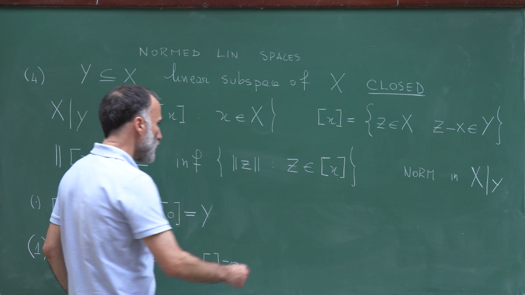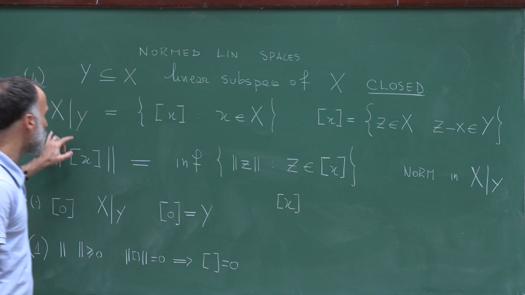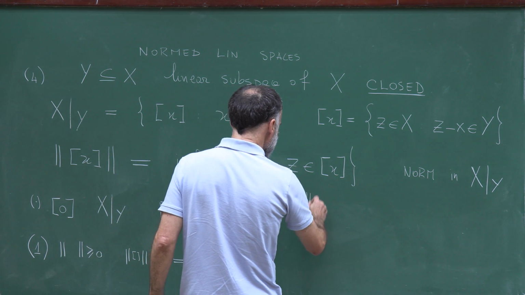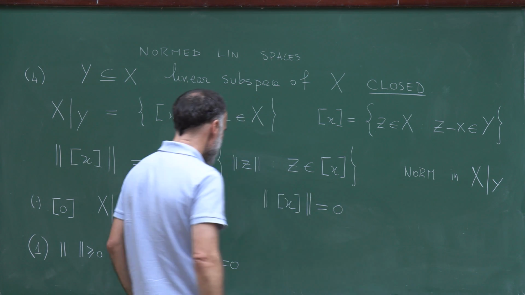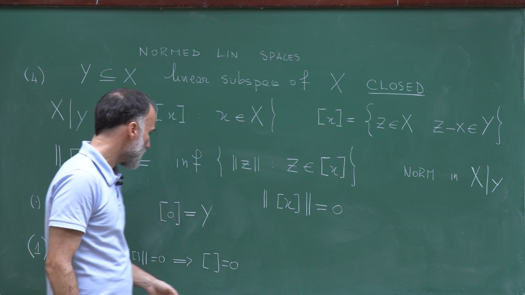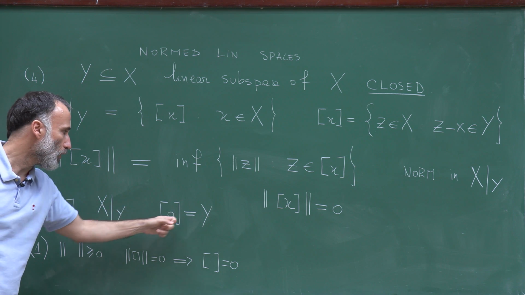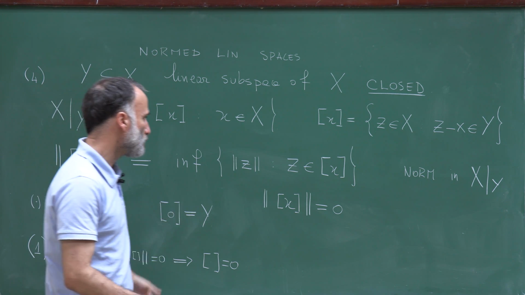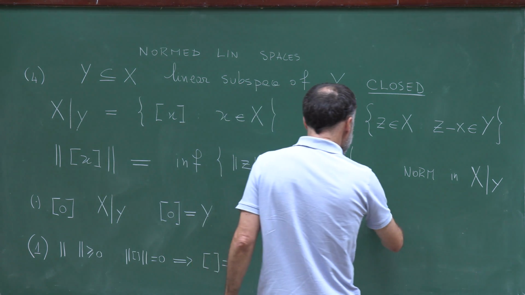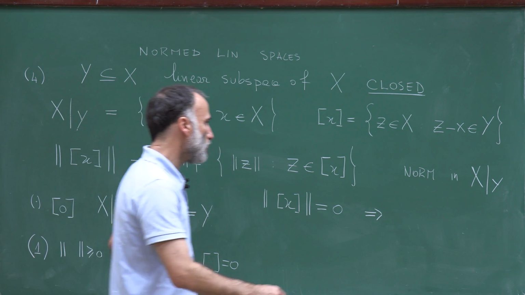Now let's assume that we have a point x in our quotient space, and assume that its norm is equal to 0, and we want to prove that this element is actually the neutral element of the quotient space, which is Y. Well, if the norm of x is equal to 0, this means, by definition, that this infimum is equal to 0.